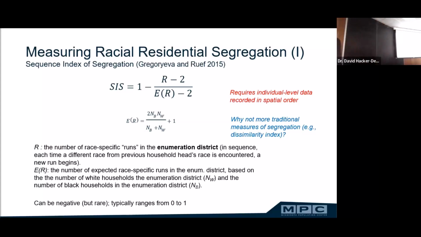Right. Exactly. Same kind of thing. But it has to be the travel path of the enumerator.